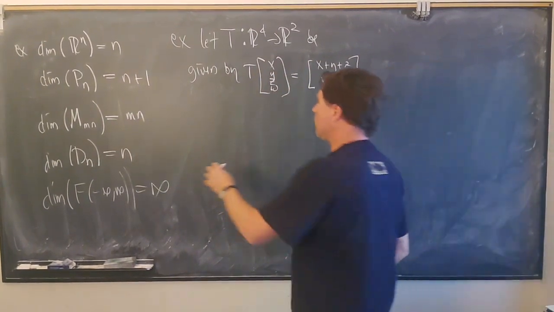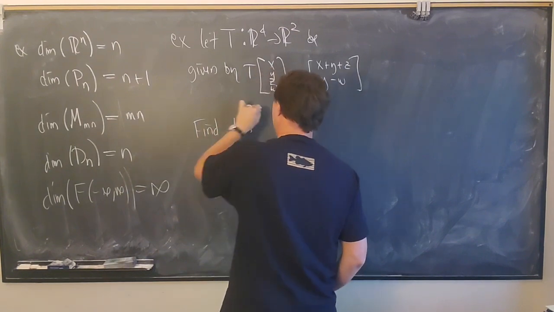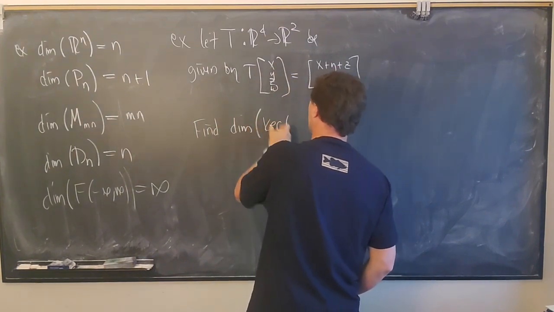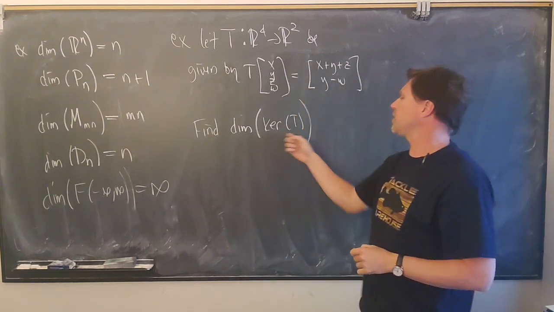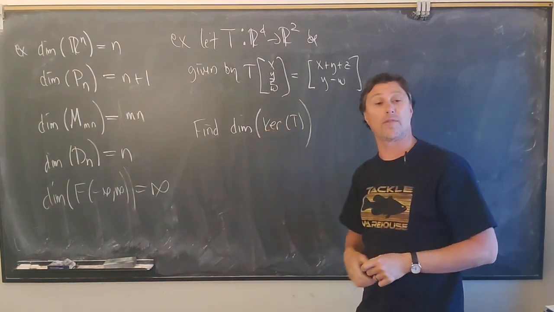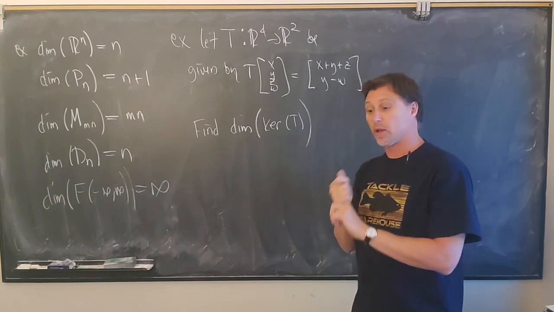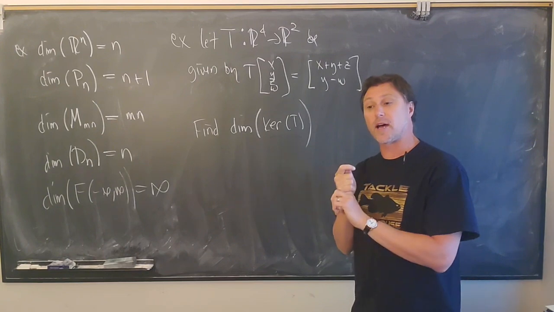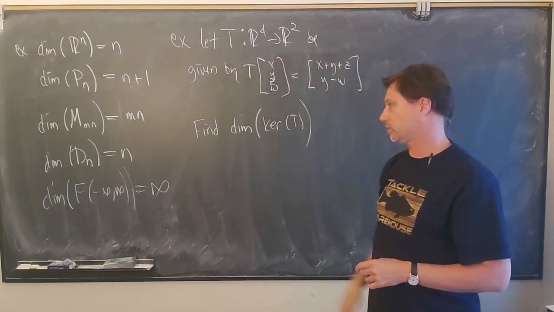What I'd like to do, let's find the dimension of the kernel of T. I'm not sure if I've used this abbreviation or this notation before, ker T. That's the kernel of the linear transformation T. And remember, the kernel is the set of all vectors in the domain whose output equals the zero vector.